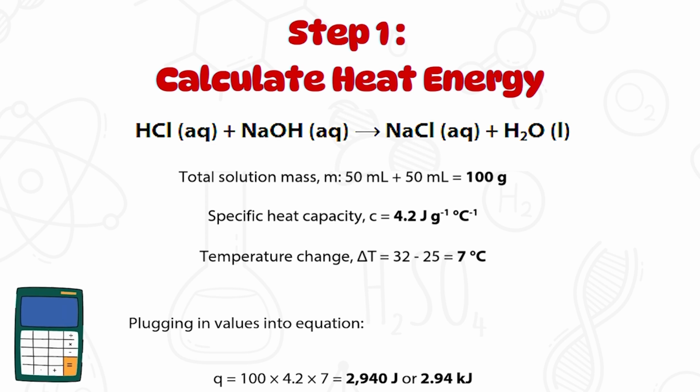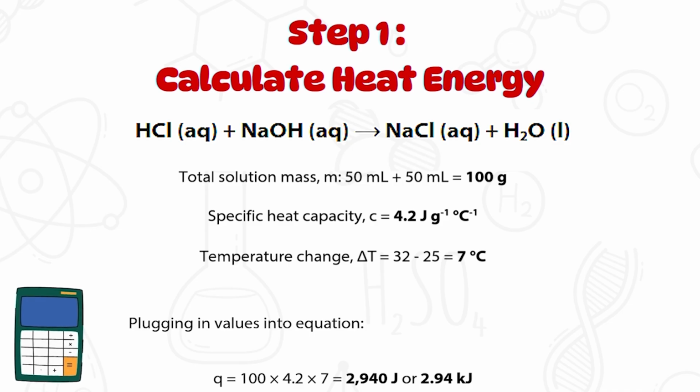From our assumptions, we know, or we assumed rather, that 1 milliliter of solution, or 1 cubic centimeter of solution, has a mass of 1 gram. So when we add up our 2 volumes, 50 and 50, we get 100 grams of solution. Our specific heat capacity of 4.2 joules per gram per degree Celsius holds here.